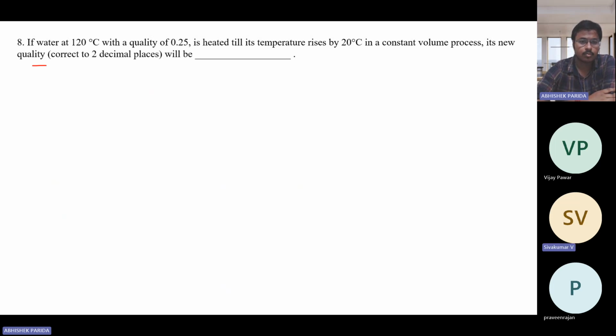I have calculated, sir. I am getting the quality decreases. Instead of 0.25, it comes down to 0.2122 like this. Is it? We'll see.